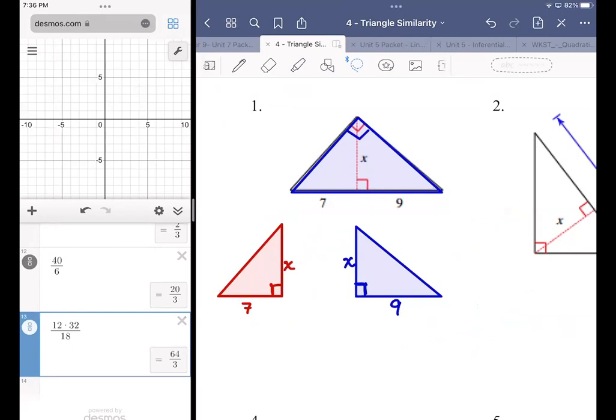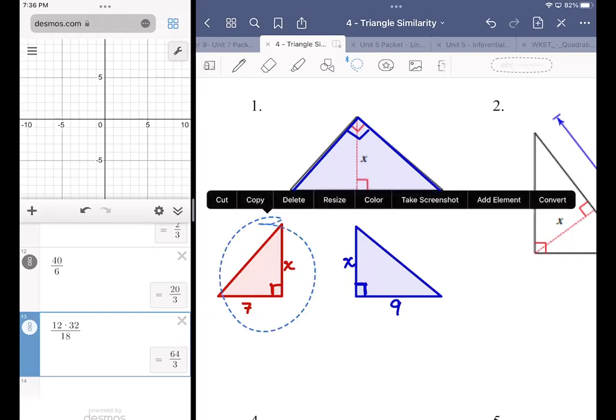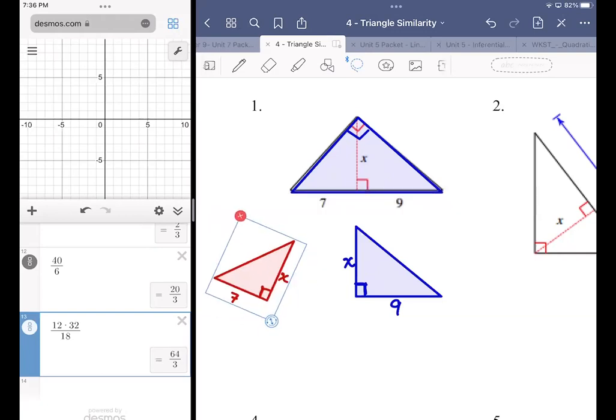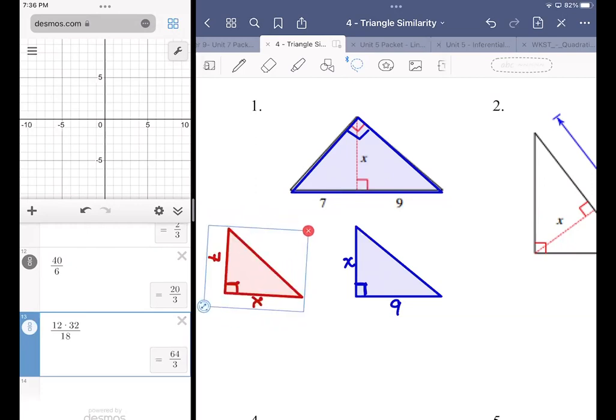Instead, we could rotate our triangles so that they're facing the same way. So I can take this triangle and rotate it so that it's facing this way and see what that gives me.